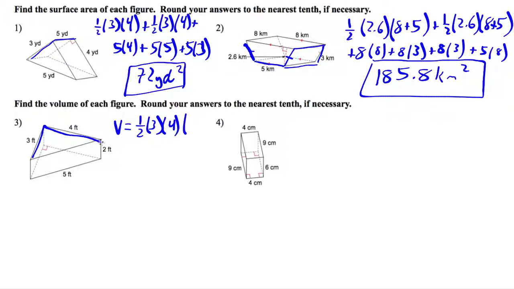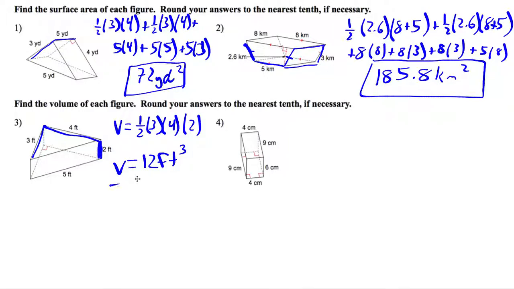And then we also multiply by the height, not of the base, but the height of the trapezoid, which is 2. The 2's cancel out, so we actually just get 12 feet cubed.